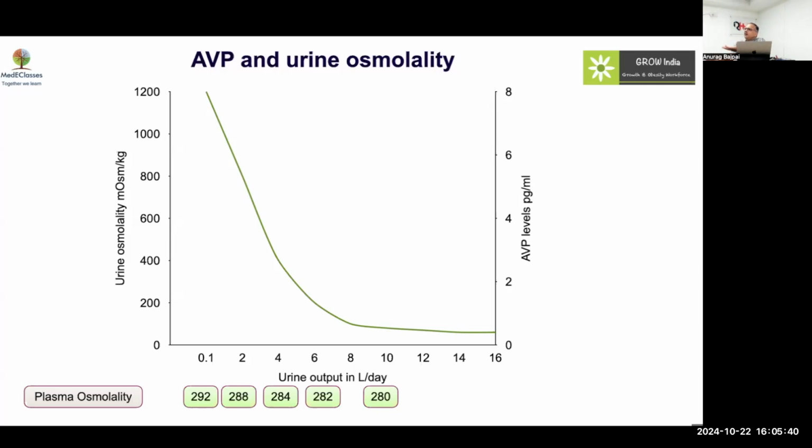They will respond, because it's a distal thing. This is after the AVP action. So there will be some response, and then for life you are going to say this is nephrogenic DI. So be cautious of the diagnosis of NDI unless there is a structural abnormality, unless there is a clear-cut drug which can cause that, like ifosfamide, or there is a genetic form which you are thinking of in that perspective.